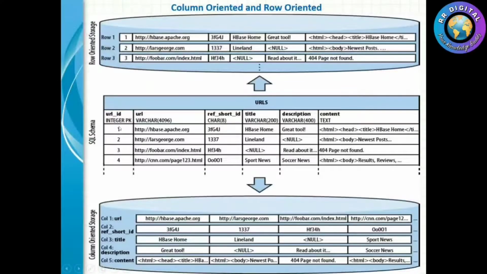This same row-wise data is inserted column-wise here. Here HBase Apache, again Log4j. See, column-wise, and again HBase home. So in an RDBMS or Hive, data is generally stored row-wise, but here that same row-wise data is stored column-wise. That's why HBase is called a column-oriented database or NoSQL database.